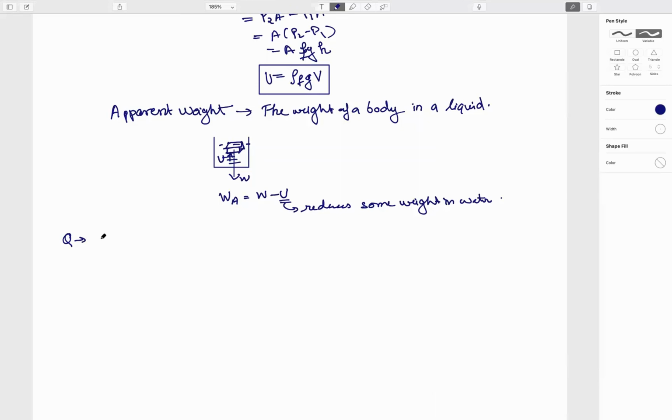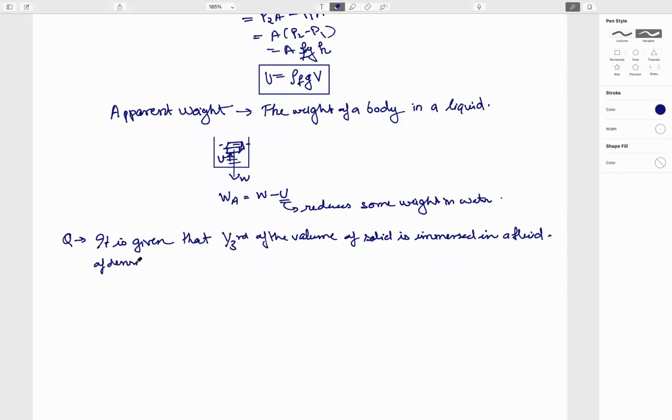It is given that 1/3 of the volume of a solid is immersed in a fluid of density rho f.